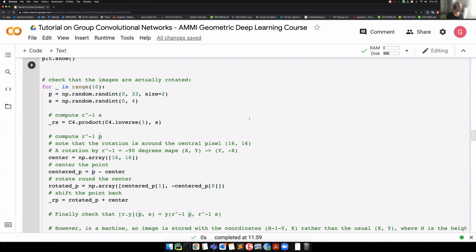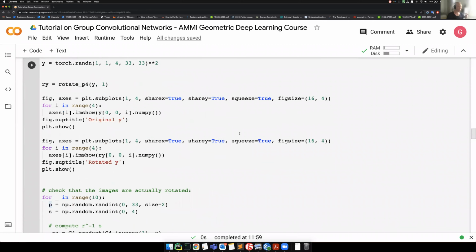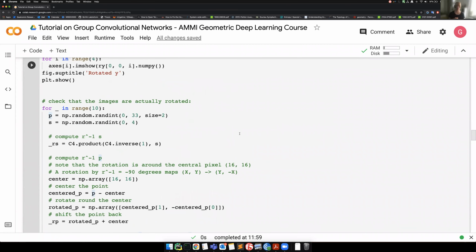Okay, so hopefully at this point you have understood a bit what the features of these functions look like and how they transform. And now we are ready to implement the lifting convolution.